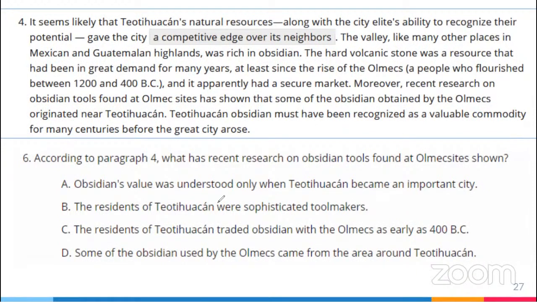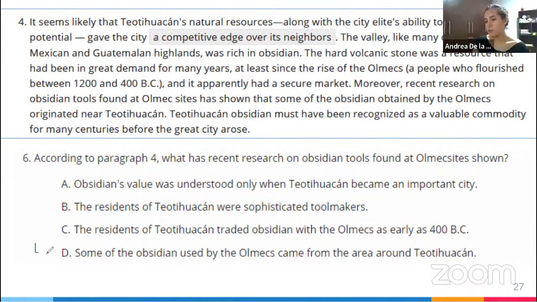Yes. Perfect. So yes, of course it is. Really, hold on. So it says, what has research on Obsidian tools found on all sites shown? Keywords: research, Obsidian tools, all sites, right? We search for those Obsidian tools, research, or maybe investigation, all sites.